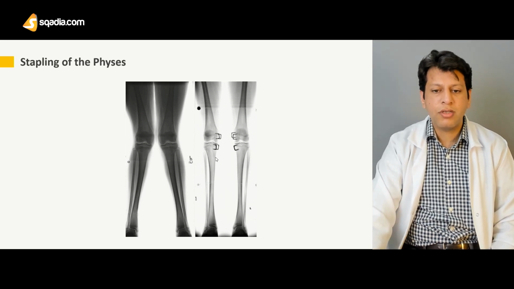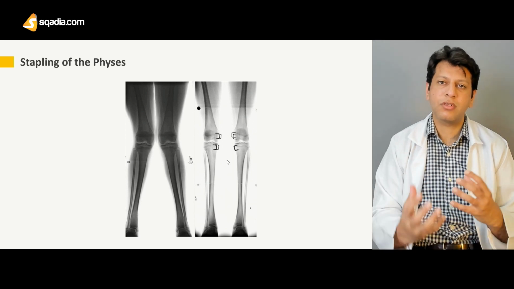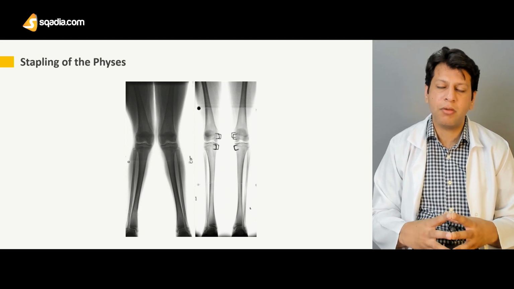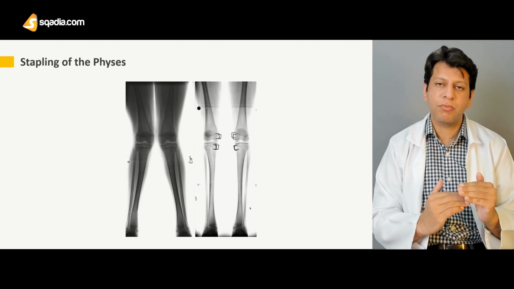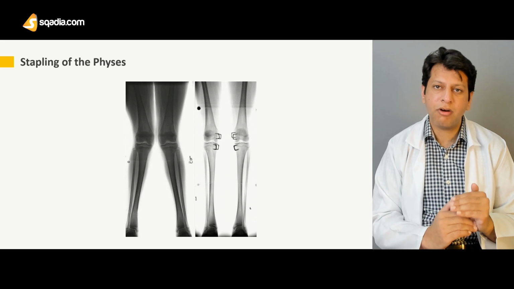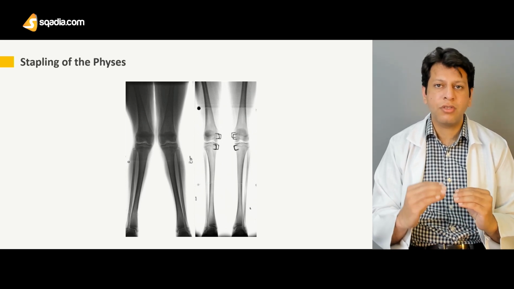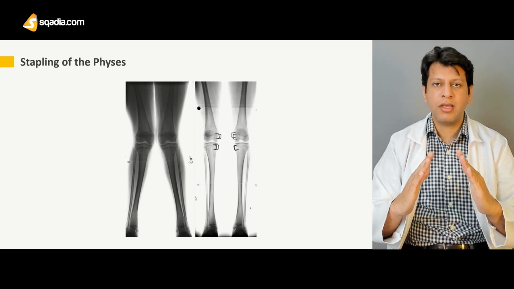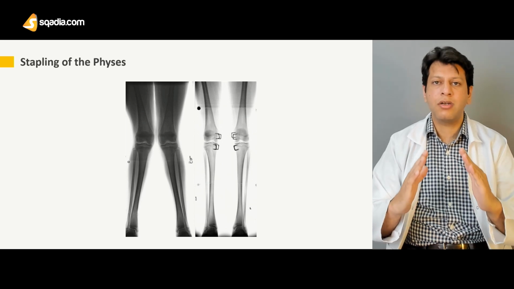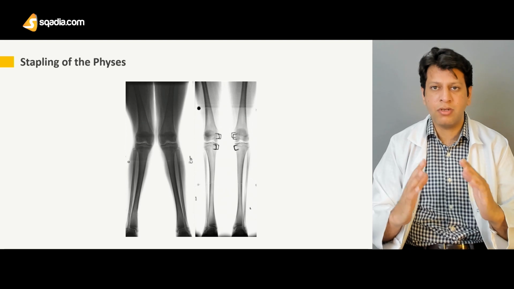So what you do is go for physeal stapling of the medial side of the tibia. When we go for physeal stapling of the medial side of the tibia, we are progressively halting the medial physis to stop its growth. Therefore the valgum reduces, or rather ceases to progress further.